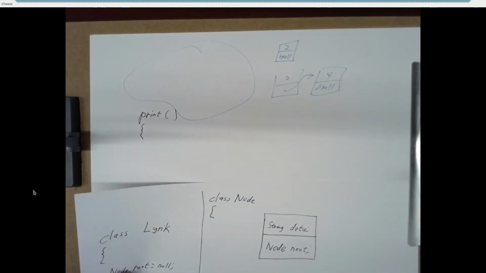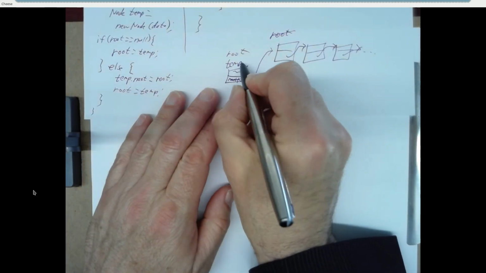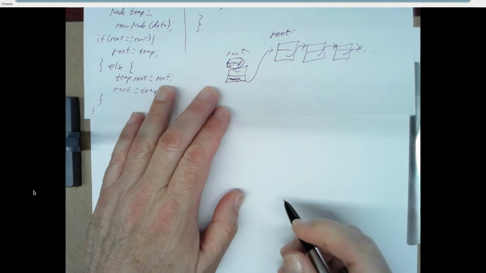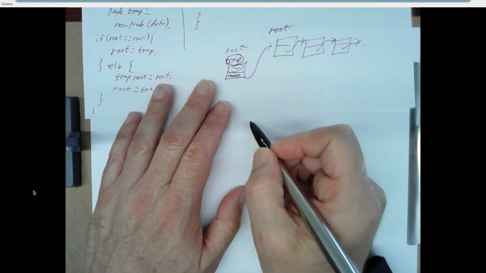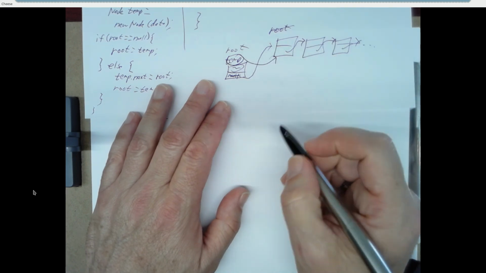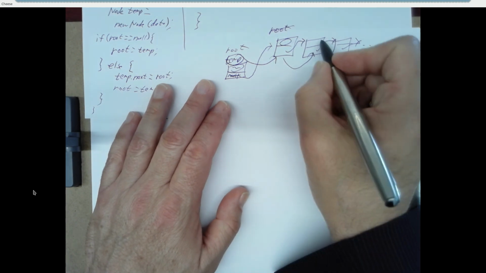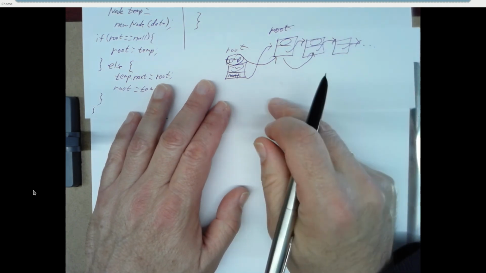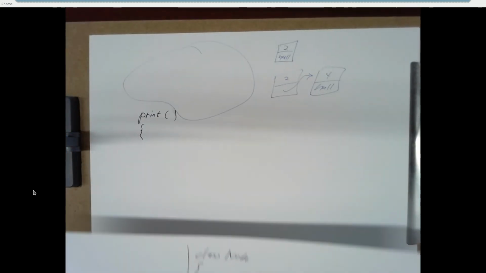Well, the way we've always done this, have a temporary variable that starts off at the root, and if it's not null, print the data, and set temp to the next node. If that's not null, print the data, set temp to the next node, and keep going until temp is null. So we can do something like this.